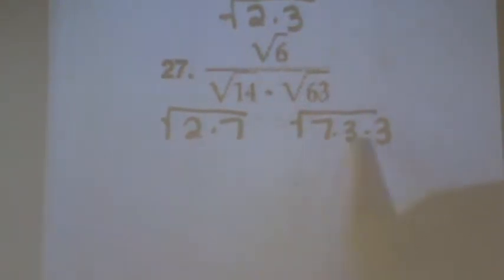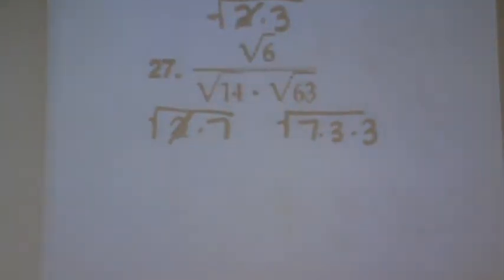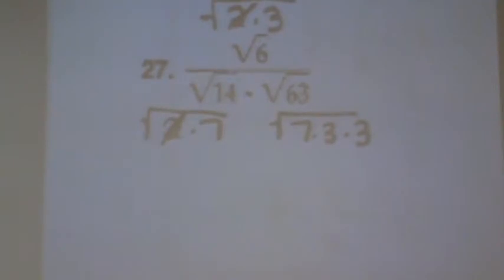Everyone see that? 9 times 7 is 63. Anywhere that you see something, you can take it out, like for example, see these 2s right here? You can cancel those out. You could take these 2 7s out, and you could take these 2 3s out.